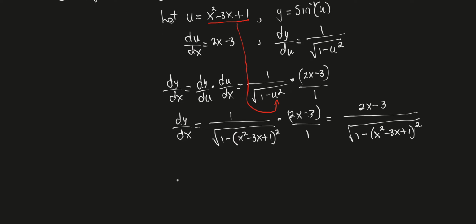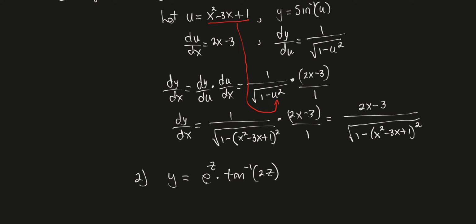Let's try our second example. Let's say that y is equal to e to the z times the arctangent of 2z. All right. I'm just, again, wanting to use a slightly different letter, right?